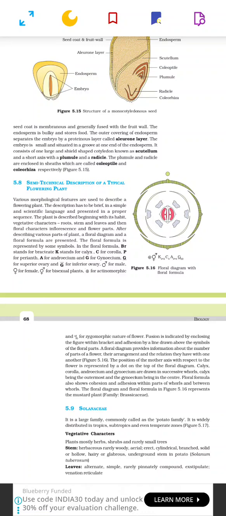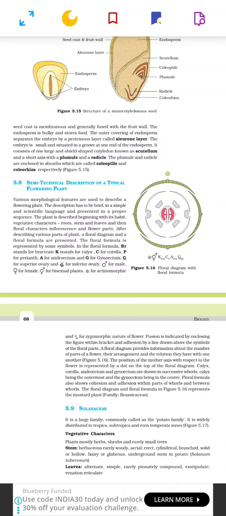The floral diagram and the floral formula in figure 5.16 represent the mustard plant, that is, the family Brassicaceae. Here 4 sepals are shown in green color, showing valvate aestivation, in which no sepals are attached to or overlapping each other.